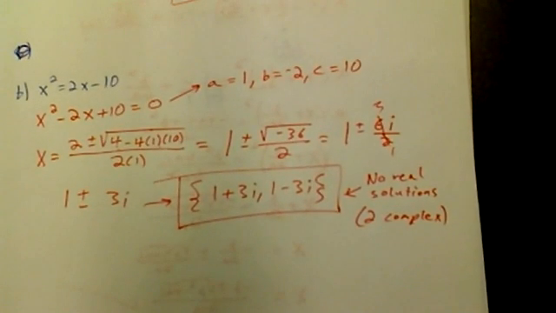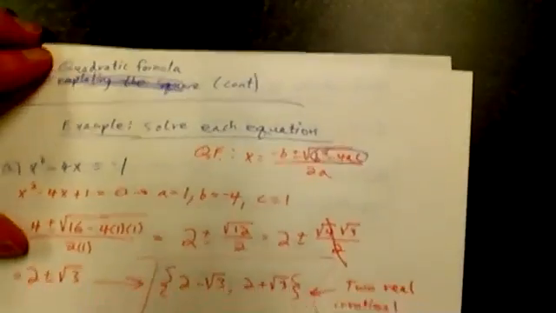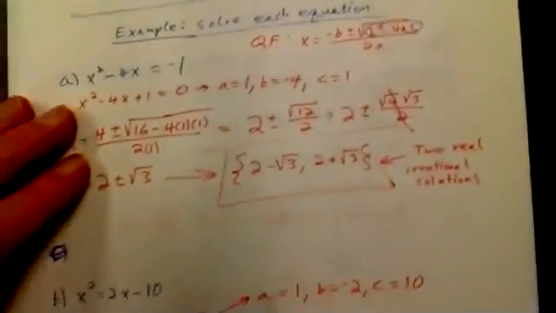So now that we've talked about these different types of solutions we're getting, there's one thing I want to point out, and that is something we call the discriminant. It's this thing right here, b squared minus 4ac.